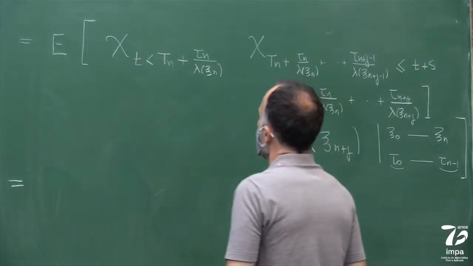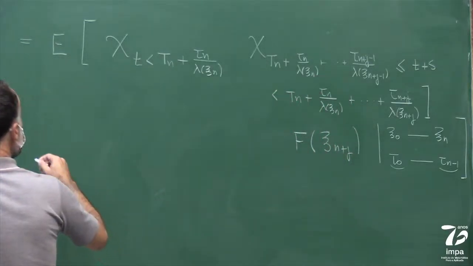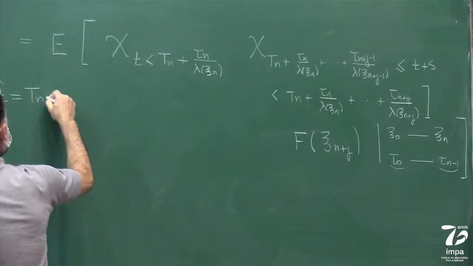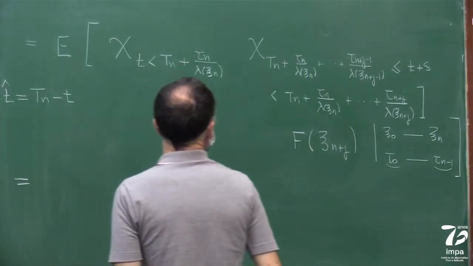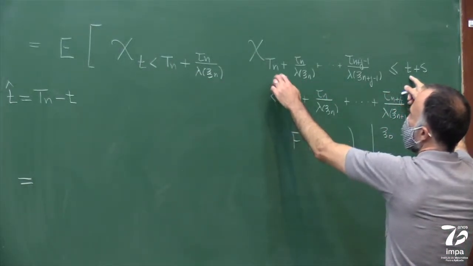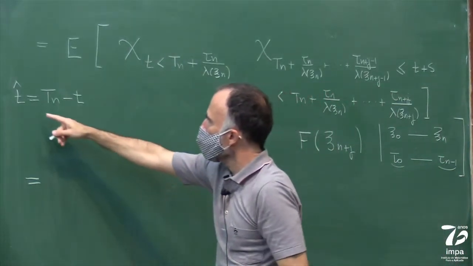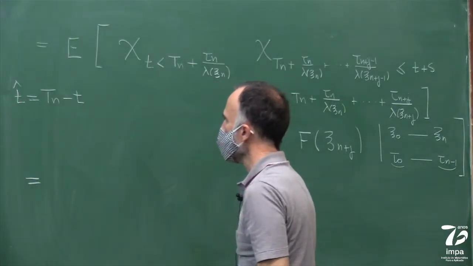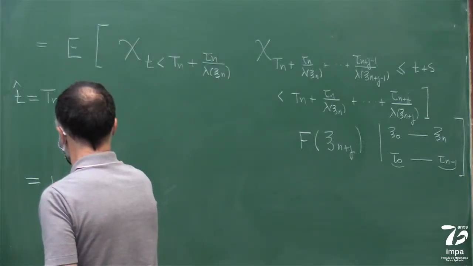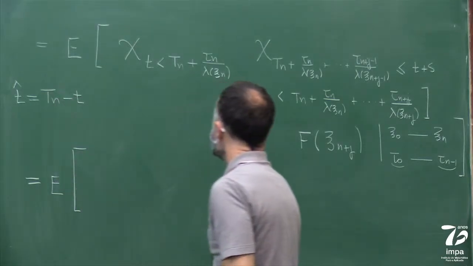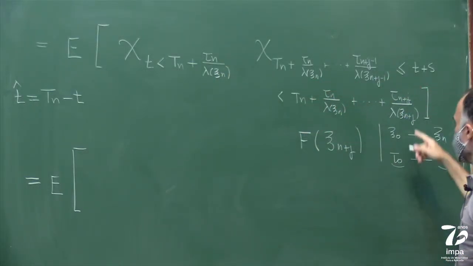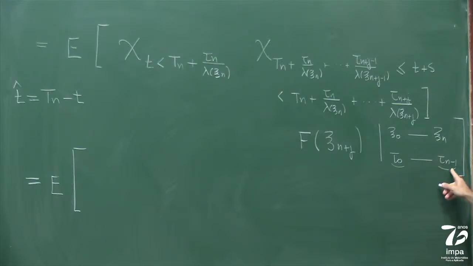So let me call tau hat equal to tau n minus t, because as you see, I have here tau n minus t on all sides. So let me just simplify notation by introducing tau hat as tau n minus t. And now I'm integrating over tau n up to tau n plus j, which do not appear in this conditional expectation and which are independent from everything.